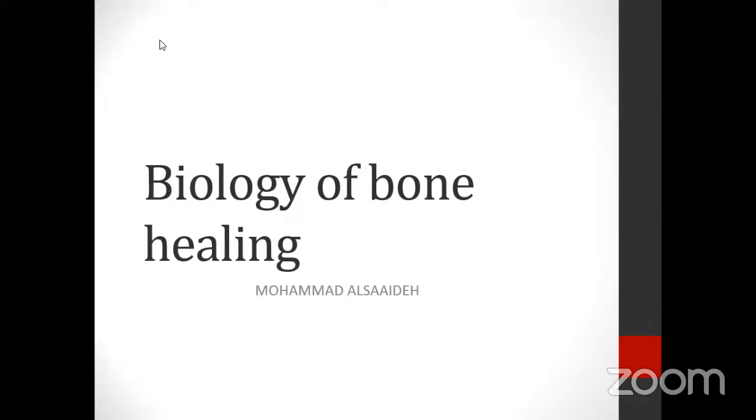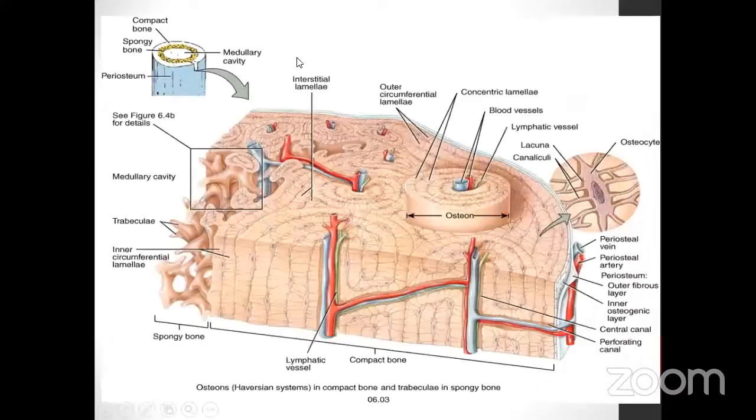So this evening we'll have a quick review of the biology of bone healing, which is the essence of orthopedics and a very important topic to understand. Before we go through this, we'll have a look at the basics of the bone forming unit, which is the osteon.